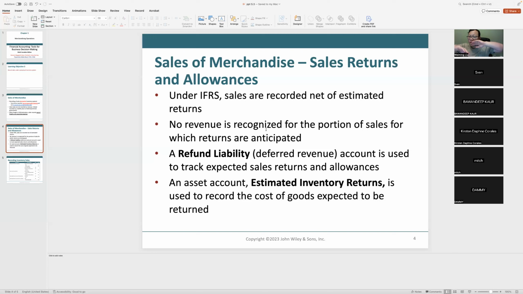Because of this uncertainty, you would have these two accounts, a liability account and an asset account, to offset each other, right? So the refund liability and the estimated inventory return are two offsetting accounts that track expected sales returns and allowances.